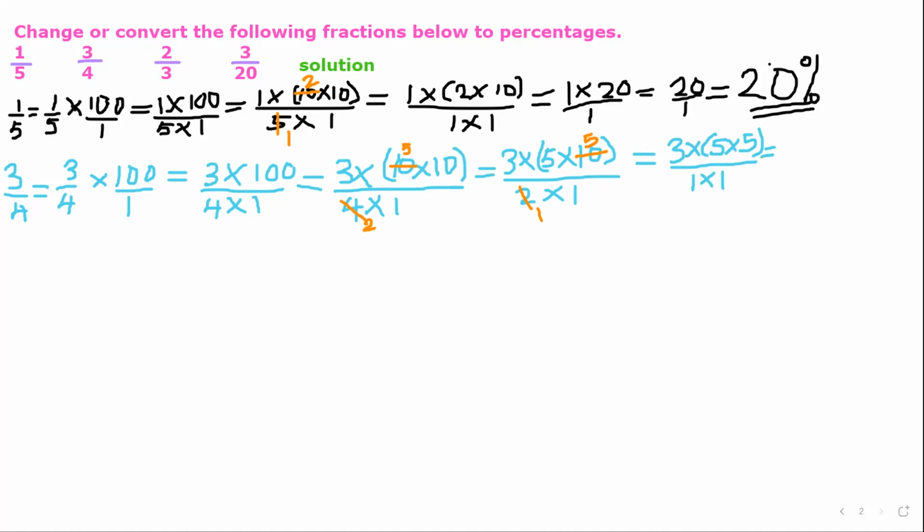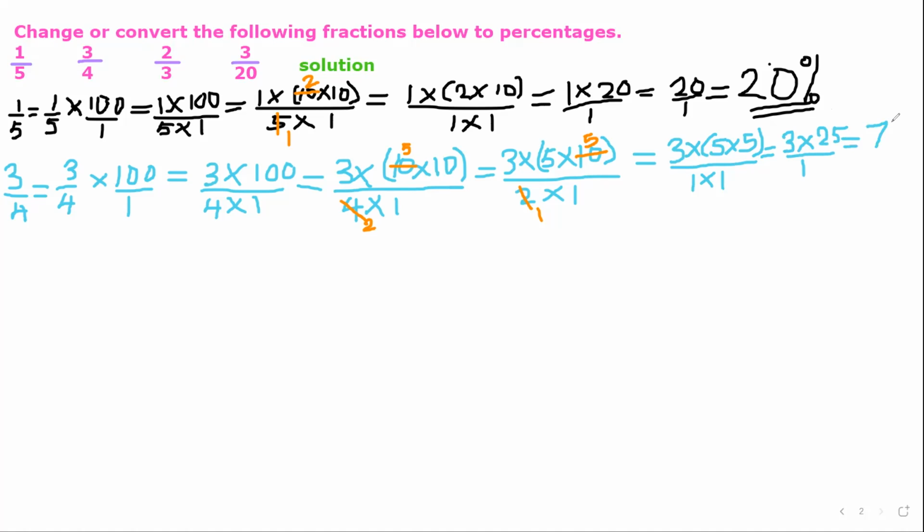Now 5 times 5, you multiply and then use it to multiply the 3. Okay, now 5 times 5. So we have the 3 times 5 times 5 is what? 25. Okay, good. All over 1. 1 times 1 is 1. Therefore, here is 3 times 25 will be 75.